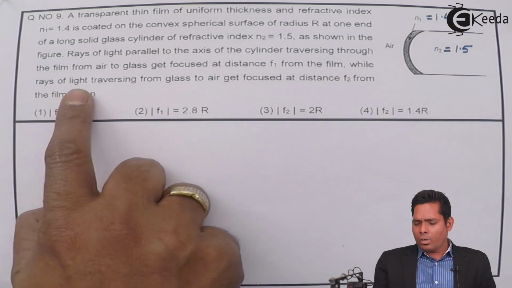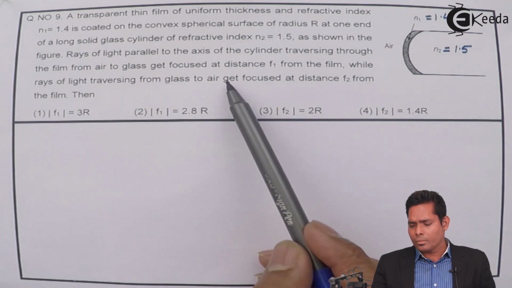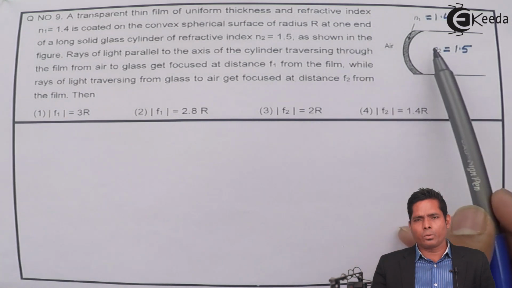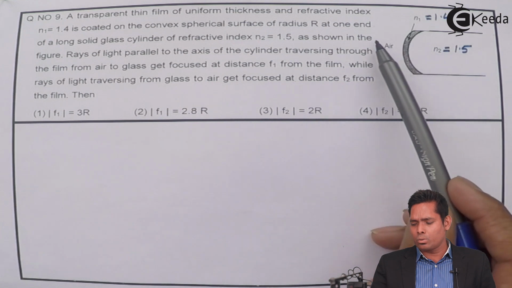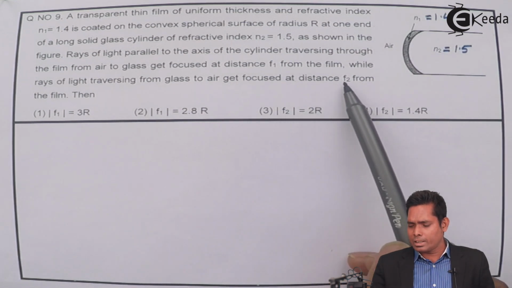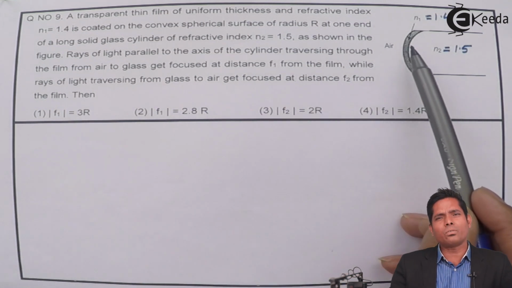While the ray of light traversing from glass to air, the reverse way, if we allow the light to move parallel to the axis and come out from the glass to air, then it is focused at a distance f2 from the film. So from the film it is focused at a distance of f2.